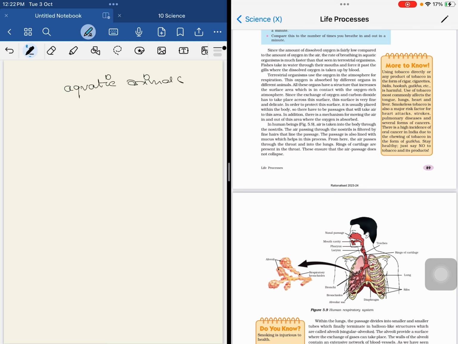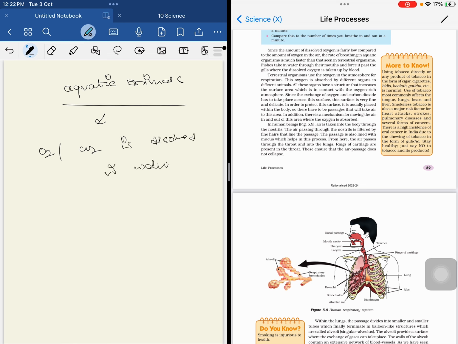In aquatic animals, oxygen and carbon dioxide are dissolved in water, whereas terrestrial organisms present on land utilize undissolved oxygen and carbon dioxide. In aquatic organisms, oxygen is taken in diffused form.